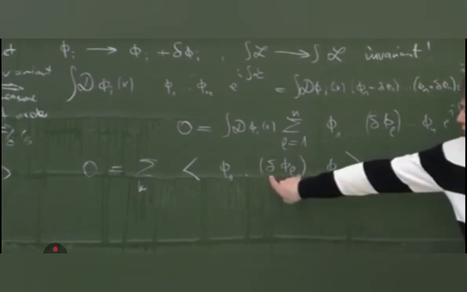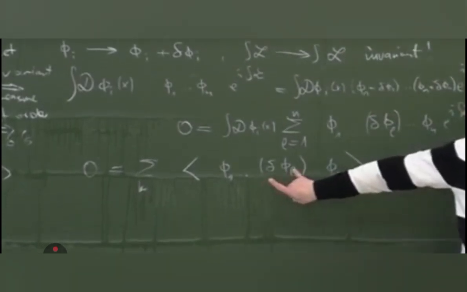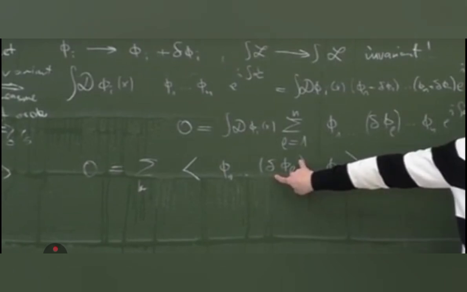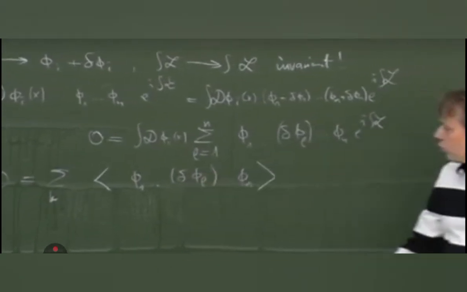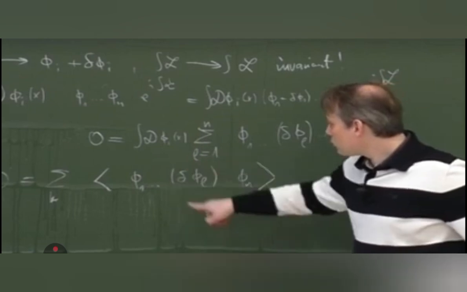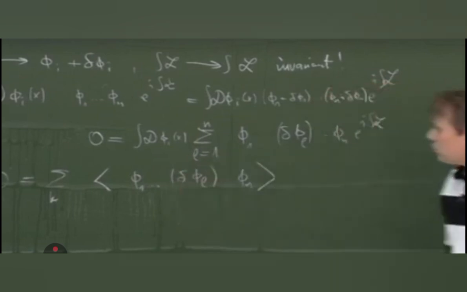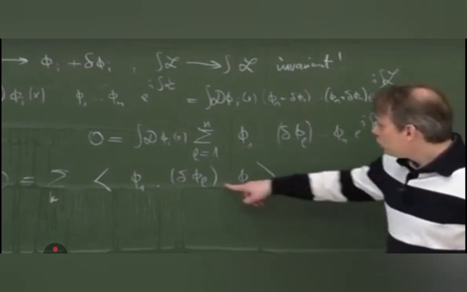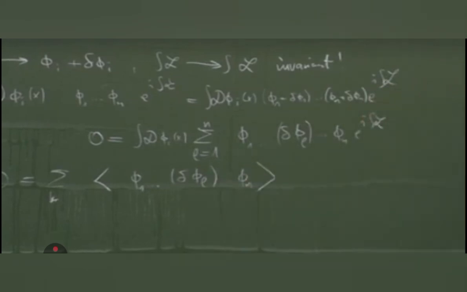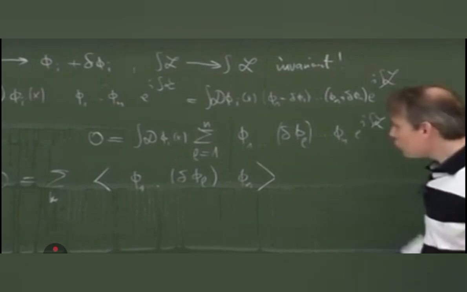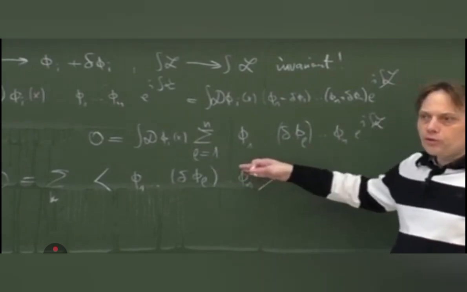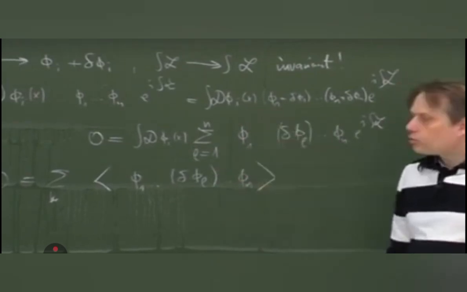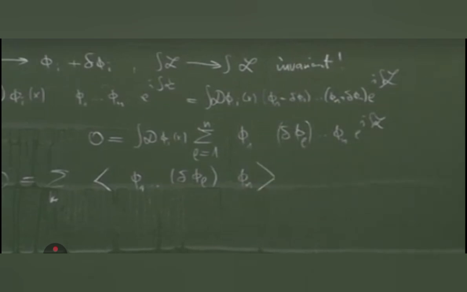And this delta phi_l might be a composite operator, it might be a product of phi's, it might contain a sum of different terms and so on. It might be a complicated expression. And so we have to take the expectation value of such a complicated maybe operator times normal field operators. And this sum of such Green functions vanishes as a result of the symmetry of the action. So this is the reflection of the symmetry on the level of Green functions, a symmetry identity for Green functions, a so-called Ward identity.